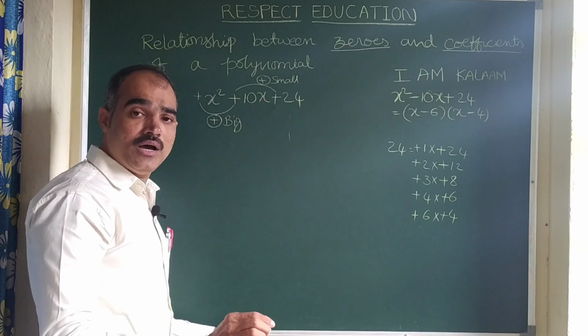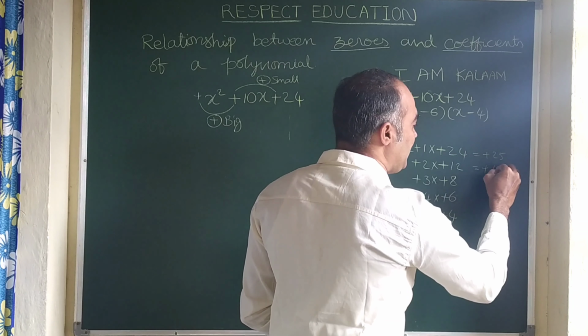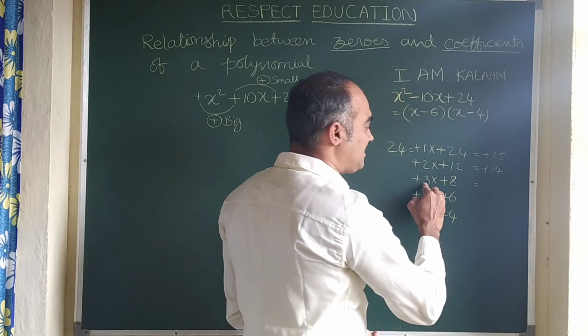Now the multiplication work is over. Now we have to see the middle term. That depends on addition. So by adding which numbers do you get plus 10? Let us check now. Plus 1 and plus 24 is plus 25. Here plus 2 plus 12 is plus 14. Plus 3 plus 8 is plus 11.